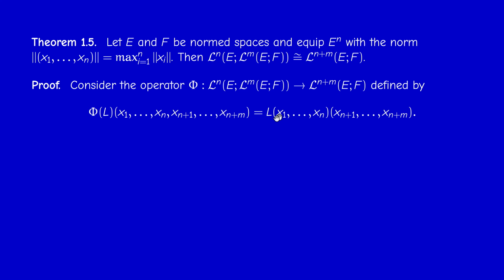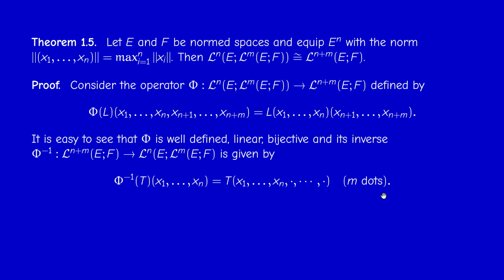In the case of a bilinear map, we just had L of x here and y here. Then we may easily check that phi is well-defined, linear, bijective, and the inverse is just an evaluation map. So if t is here, it's a function of n plus m variables.